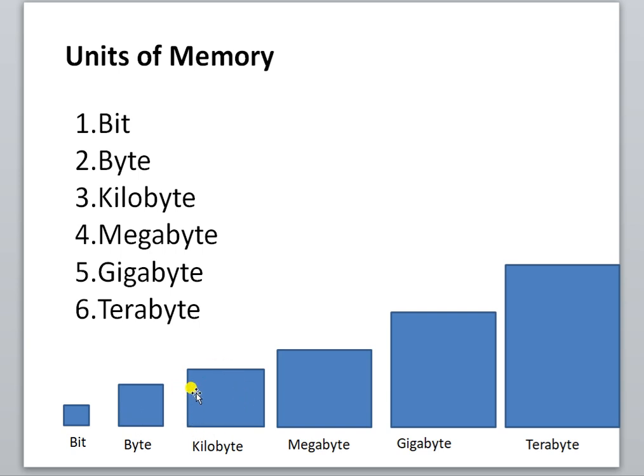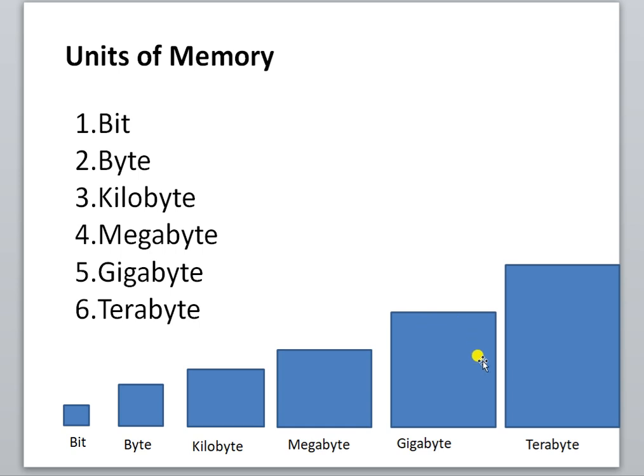And this is a kilobyte, which is less capacity. If storage device capacity is kilobyte, it means it has less capacity to store data. Megabyte is more. If storage device capacity is in megabyte, then you can store more data than kilobyte.